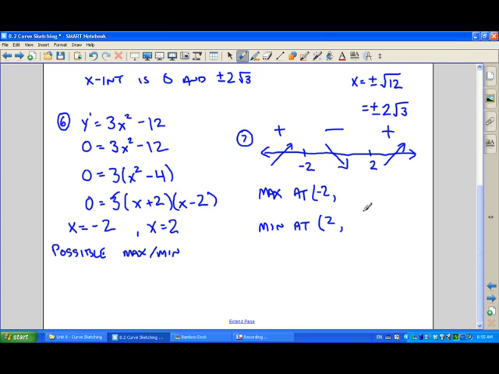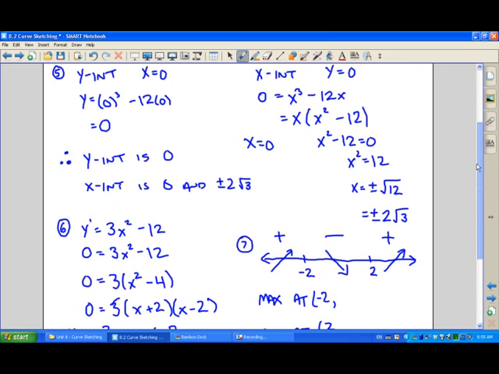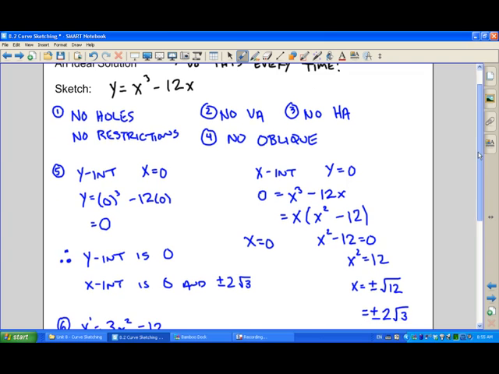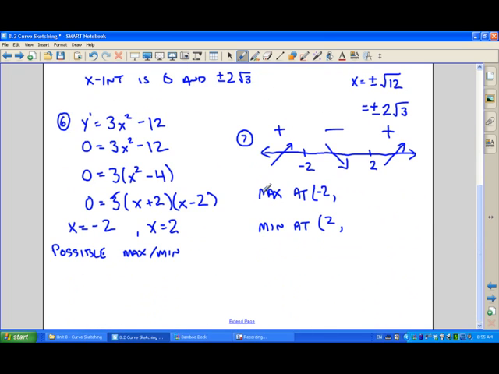What you need to do is take those two values and sub them back into your original equation and see what y values you get. So you can determine what point those max and mins are at. If I sub negative 2 back into the original, I get a y value of 16. And if I sub positive 2 into the original, I get a y value of negative 16.